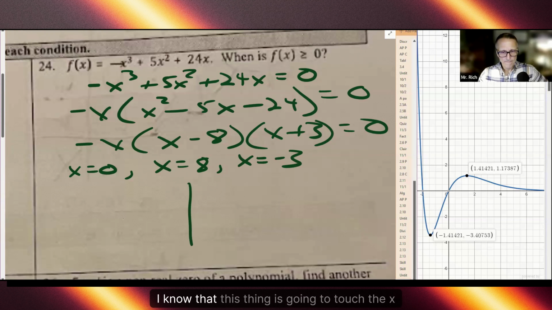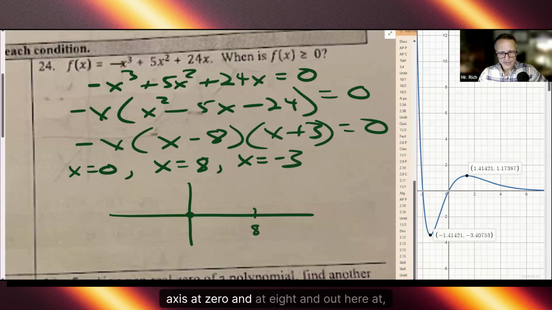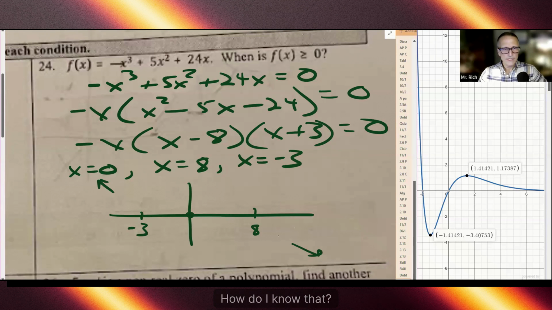I know that this thing is going to touch the x-axis at 0 and at 8 and out here at negative 3. And I know that its end behavior is going to be up to the left and down to the right. How do I know that? Because it is a third degree polynomial with a negative leading coefficient. And that's what the end behaviors do. If the leading coefficient is negative, it's going to go up left, down to the right.